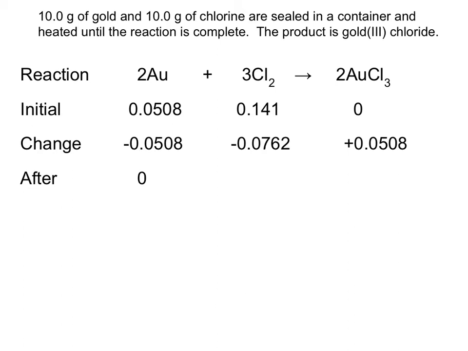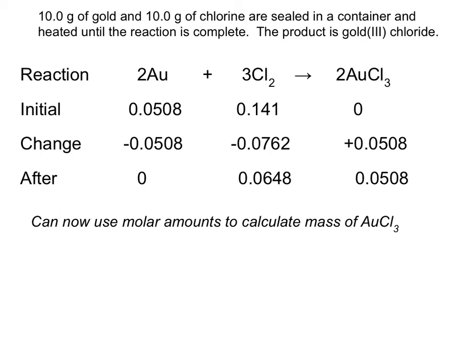We're now ready to calculate the amount that will remain after the reaction is complete by simply doing the math. 0.141 minus 0.0762 leaves us with 0.0648 moles of Cl2. 0 plus 0.0508 leaves us at the end with 0.0508 moles of AuCl3.